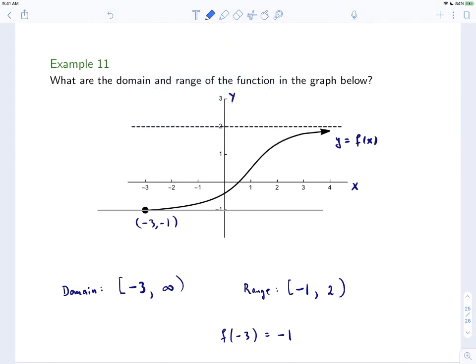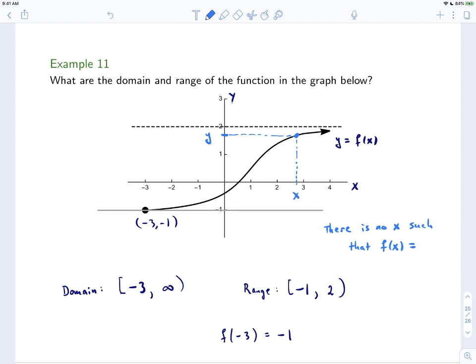So for example, if I just pick this as my y value here, then this is my input value right here. So for every number between -1 and 2, there is some x, which is an input that will give you that as an output. However, there is no input that will give you 2. So there is no x such that f of x equals 2.